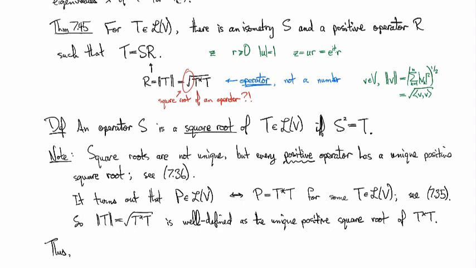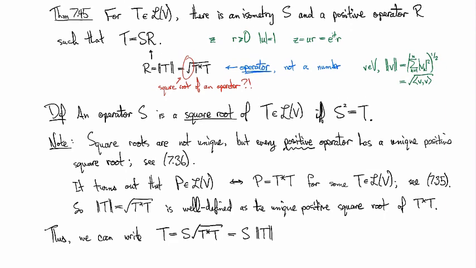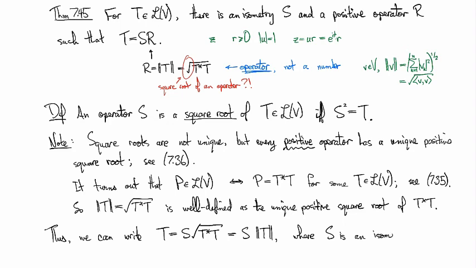So putting this all together, thus we can write T as S times the square root of T star T. So another name for this, by the way, S being an isometry, is to say S is unitary.